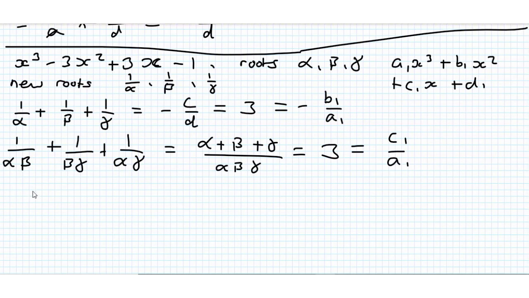Okay, and then finally we've got 1 over alpha times 1 over beta times 1 over gamma, but that's just 1 over alpha beta gamma. That is equal to minus a over d, and a over d is just minus 1, so this is just 1, and this is equal to minus d1 over a1.